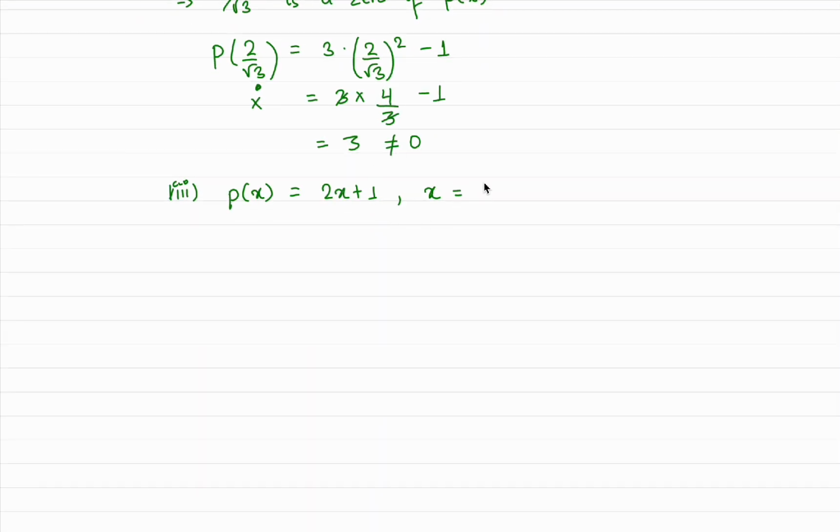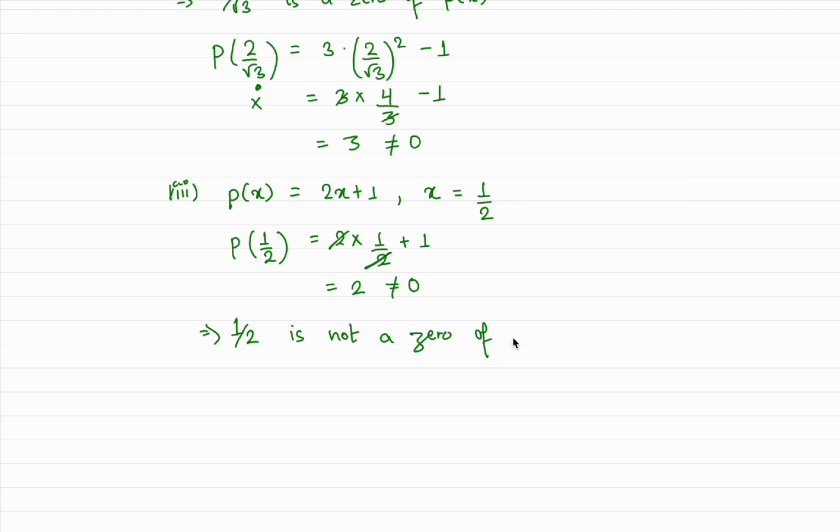So we need to check whether 1 by 2 is a 0 of this polynomial. Let's put 1 by 2 over here. We have 2 times 1 by 2 plus 1. You can cut this 2 and that 2. 1 plus 1 is 2, which is not 0. So 1 over 2 is not a 0 of this polynomial, so it's not a 0 of p(x).